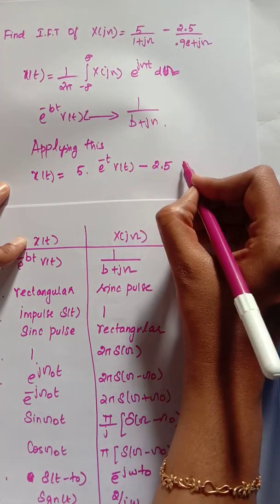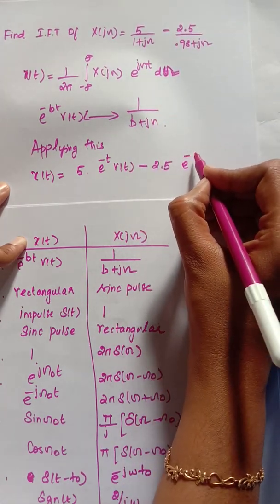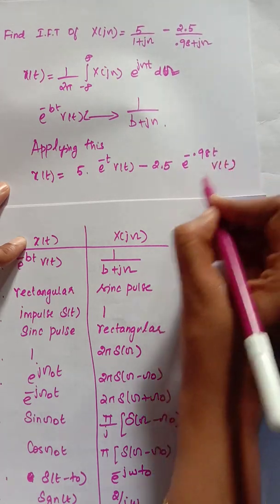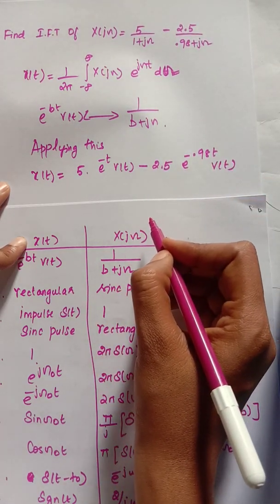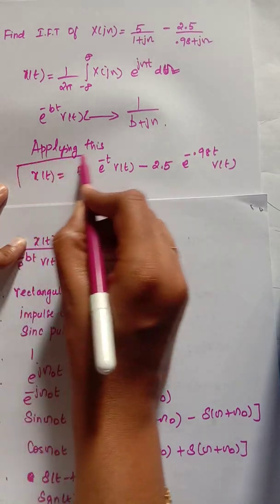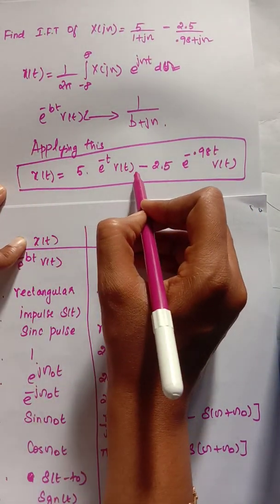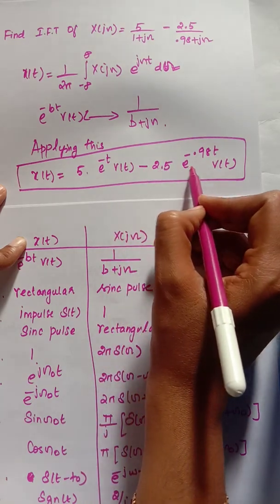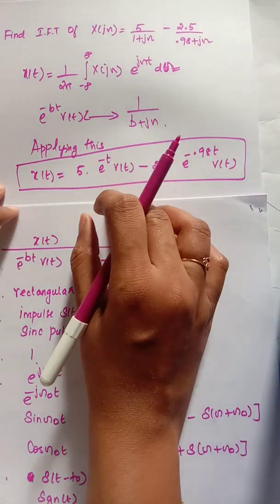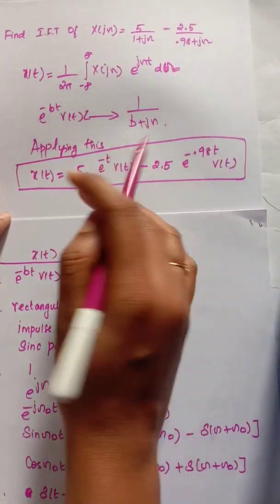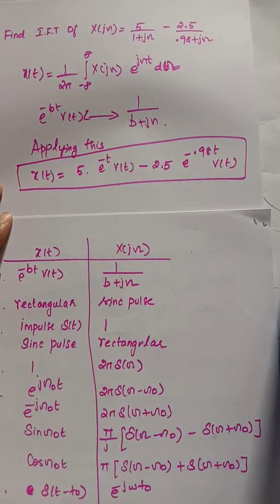Instead of b here you have 0.98, so e power minus 0.98 t into u of t. So this is your answer: x of t equals 5 e power minus t u of t minus 2.5 e power minus 0.98 t into u of t. Without applying the integration formula, using the direct formulas, we have obtained the result.